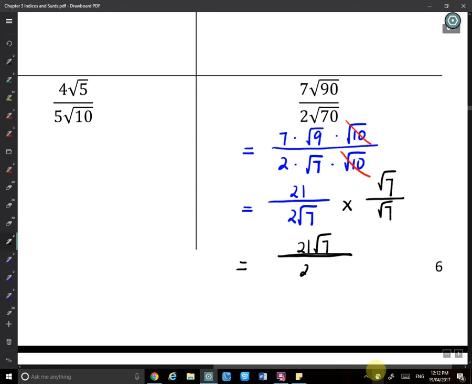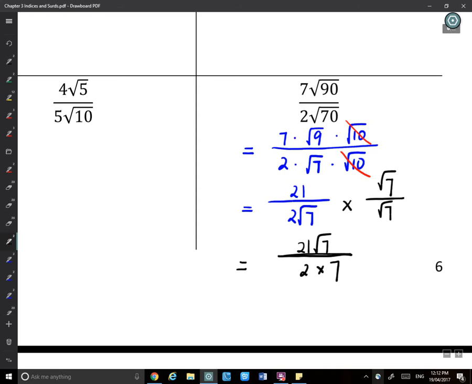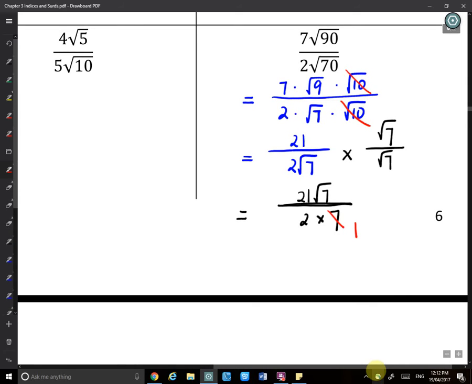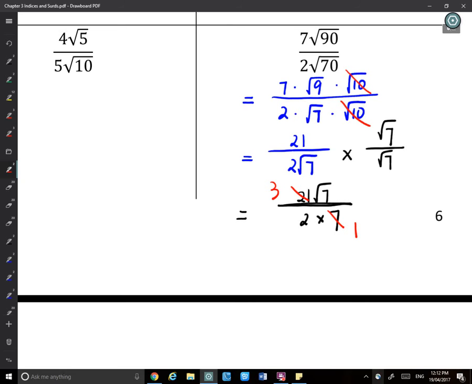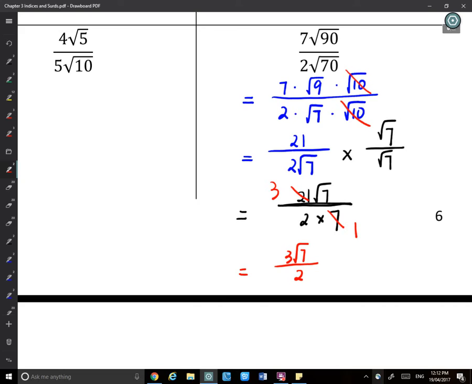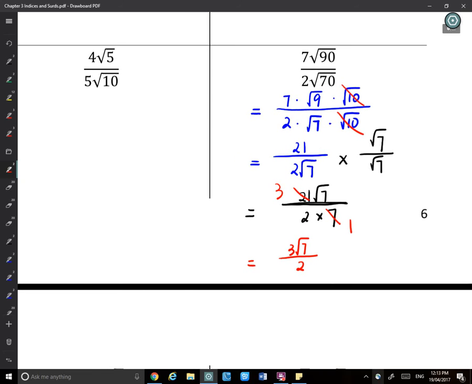The bottom gives you 2 times 7, because root 7 times root 7 gives you 7. 21 and 7 can cancel each other, and you have 3 root 7 over 2. That's a single term.